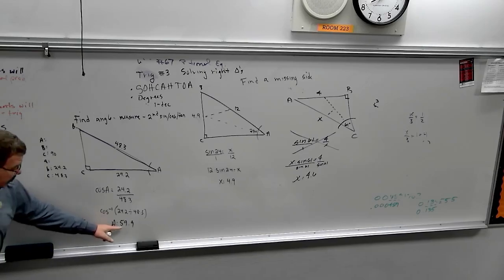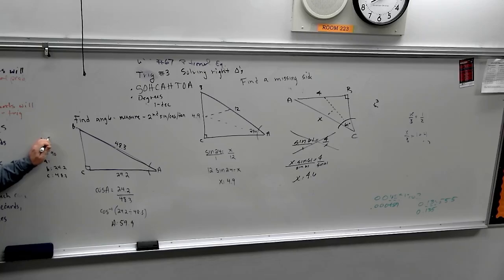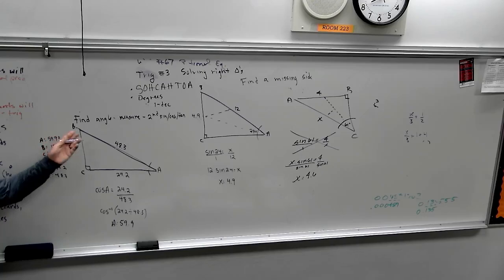Okay. Well, we already solved big A, and we got 59.9. How could I find big B? What do all the angles of a triangle always equal? 180. Can't I just go 180 minus 90 minus 59.9, and won't that tell me what angle B is? And then lastly, what's probably the best way to find little a?